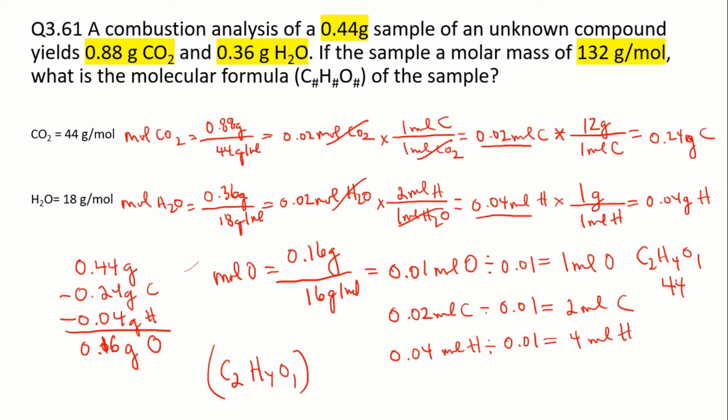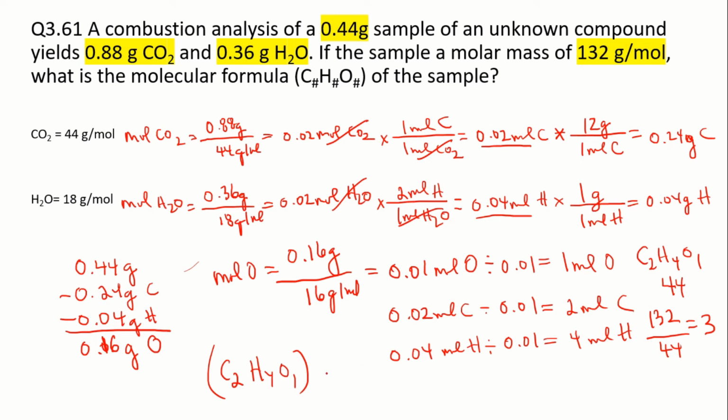To find what I need to multiply this by to get my molecular formula, I simply find the ratio between my molecular weight, 132, over my empirical formula weight, 44 grams per mole. So 132 divided by 44 gives me a factor of 3. That goes in there 3 times.